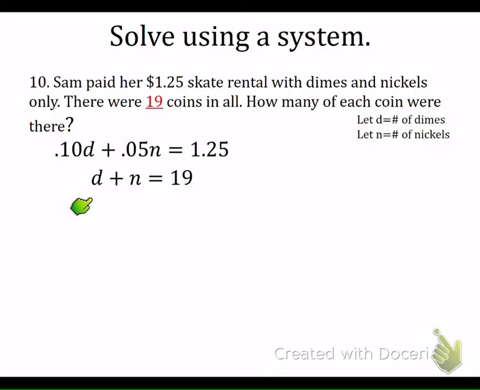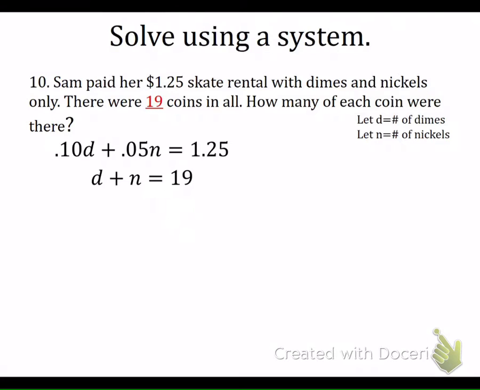What if you times it by 100? That's too much work. Couldn't you get the D or the N by itself really easily? Yeah, I would subtract N from both sides and then plug D in the other one, 19 minus N. So don't forget, you can use the other methods we've learned if they're easier on things like word problems. Because word problems, it doesn't usually tell you which method to use. So if there's a method that's easier, go for it.